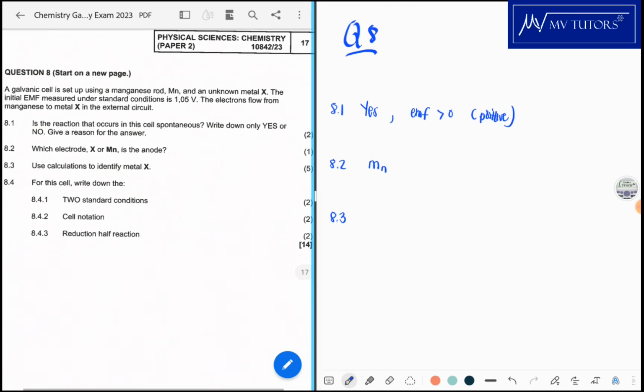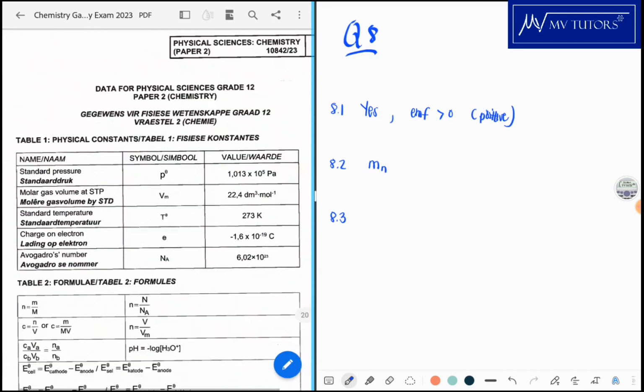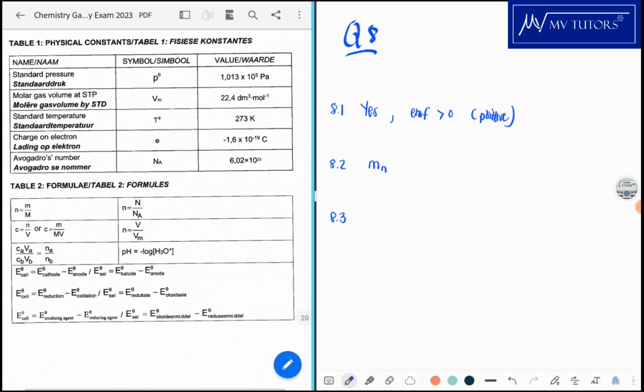For 5 marks, we're going to look at the formula sheet. So we can then say E cell, don't forget that, is equal to E cathode. Please write the full cathode out.